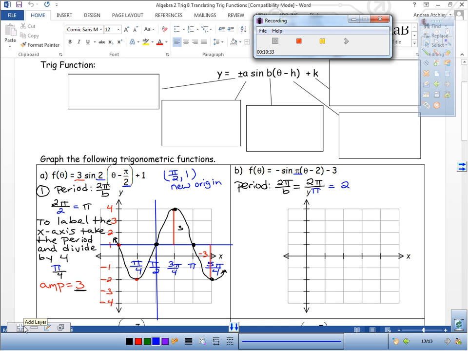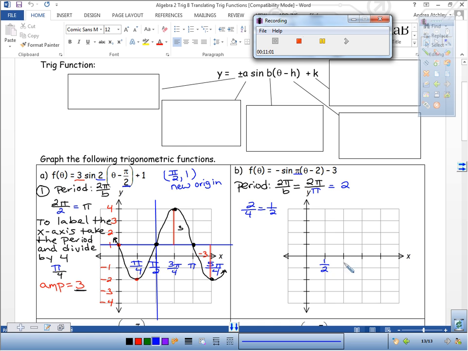Any questions over that? So what am I going to count by then? A half. Okay. We take the 2, we divide it by 4. That gives me a half. So I count by halves.